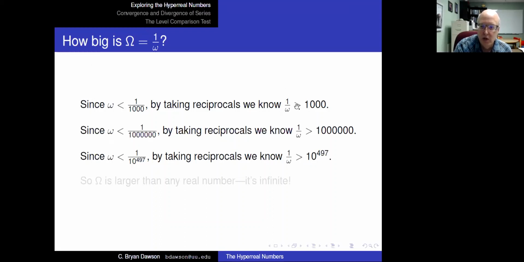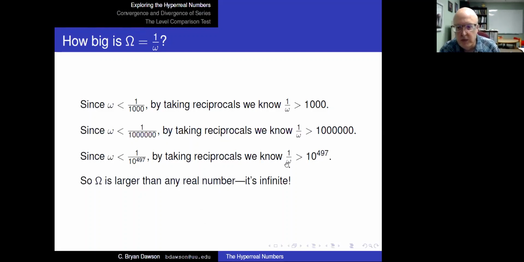So 1/little omega would be bigger than 1000, or bigger than 1,000,000, or bigger than 10 to the 497th. So if I call this 1/little omega a capital Omega, then it's larger than any real number, so it's infinite. It's infinitely large. So these hyperreal numbers contain numbers that are infinitely large as well as infinitely small.